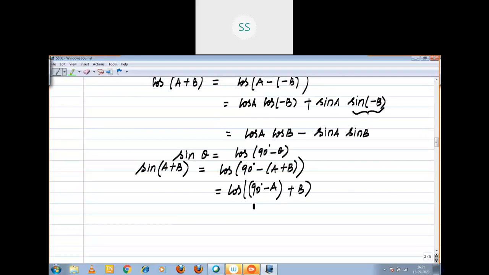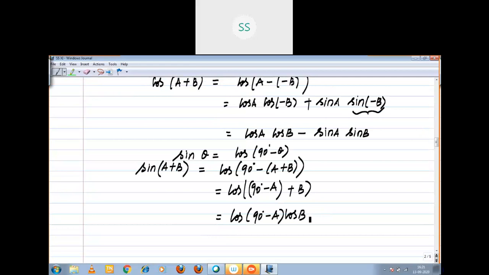Got it, children? How am I getting this? Next, the same thing I am going to modify. I will not disturb anything, right? Cos of (90 minus A) minus B. Now this is your A, this is your B.